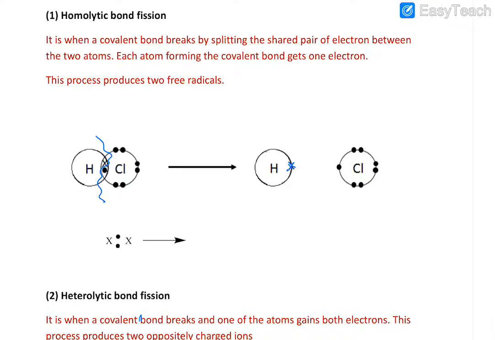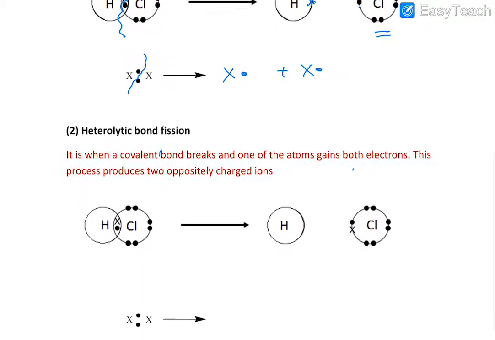So this is going to give you 2 free radicals. That is, this one has an unpaired electron, so it's H dot, and this one also has an unpaired electron, so Cl dot. So if you split this one, you will get X dot plus X dot. So it gives you free radicals.